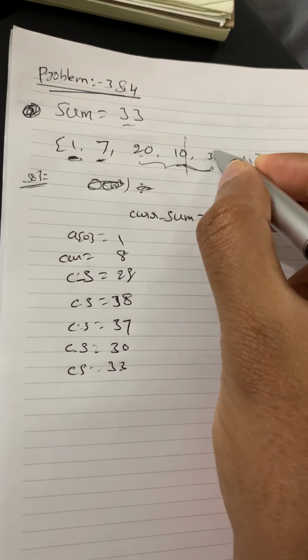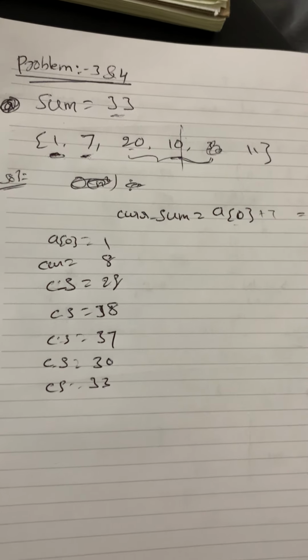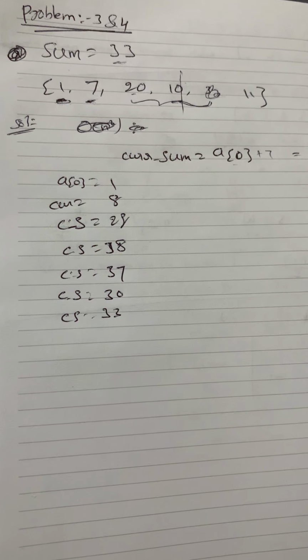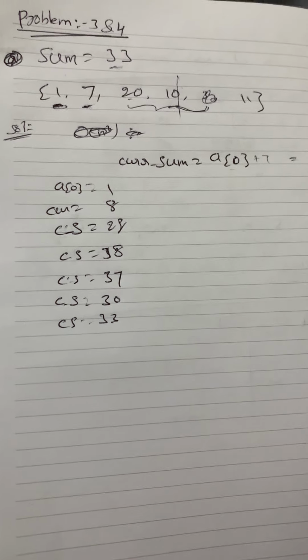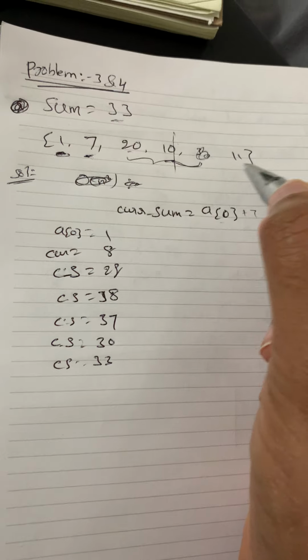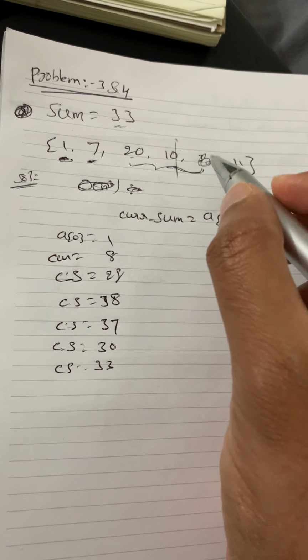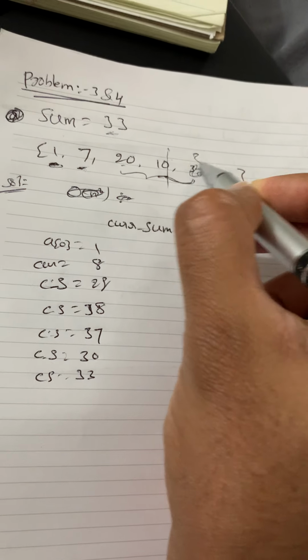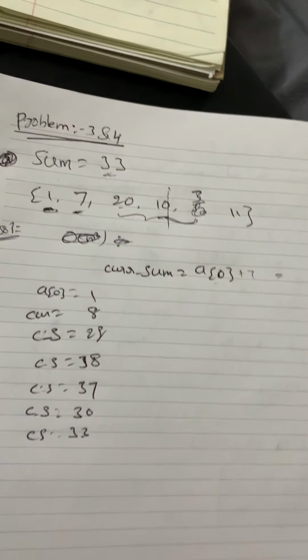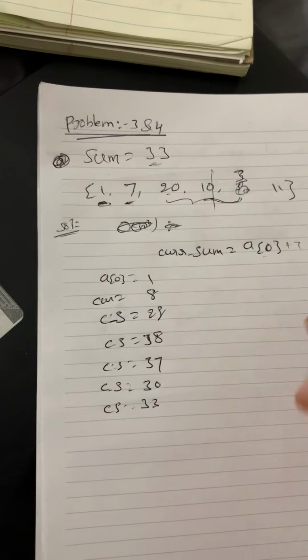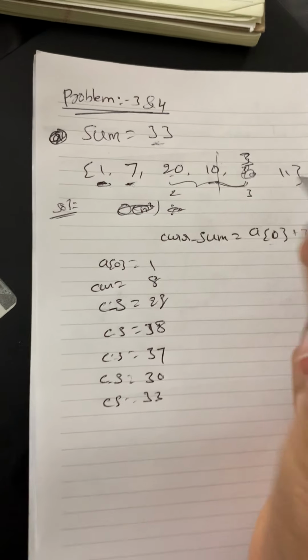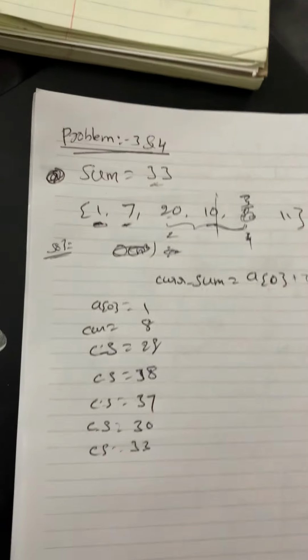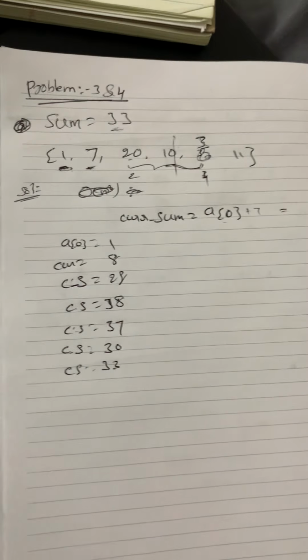Let's imagine if it doesn't have any number 3, I'll just return false, because it's not holding any subarray which adds up to this number. So now we have a number 3 here, and in this case it should return the indexes of these numbers, 2 to 4.